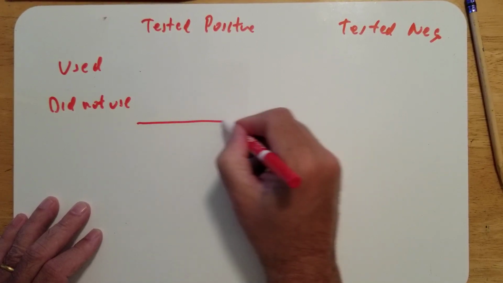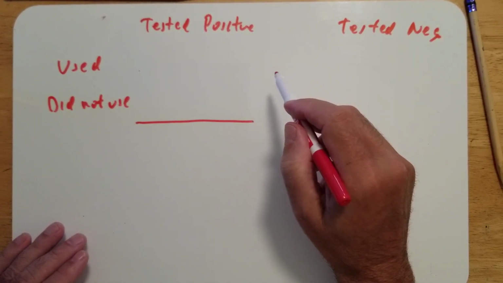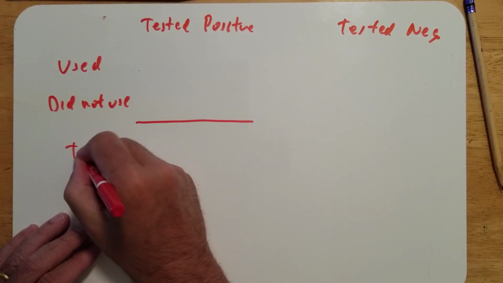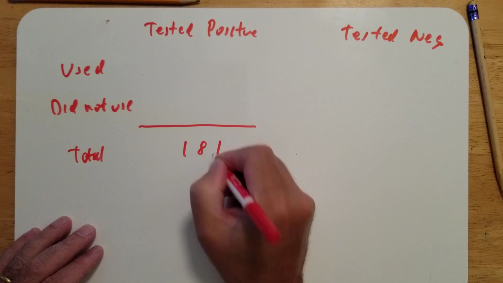The first thing, it said that the total number of people who tested positive was 181. So when I add up these two, the total is going to be 181.